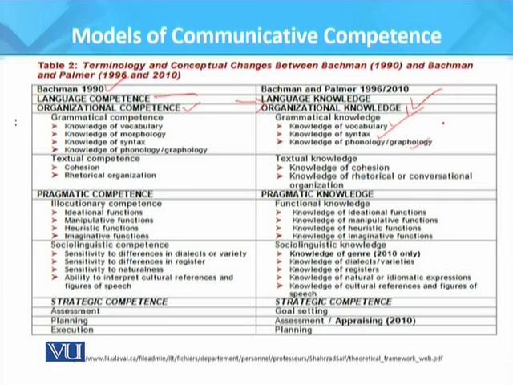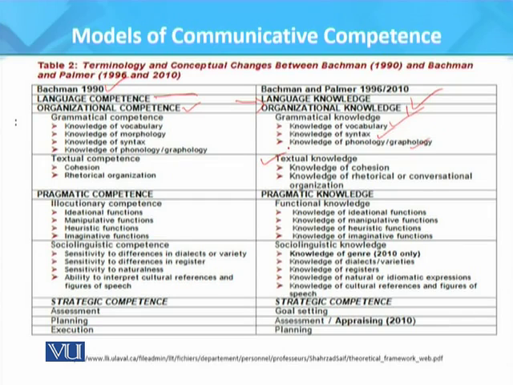The phonological features of language are often divided into two categories called segmental and suprasegmental phonology. Graphology, sometimes called spelling or orthography, refers to the way sounds of spoken language can be represented in written or printed symbols. Then we have textual knowledge.